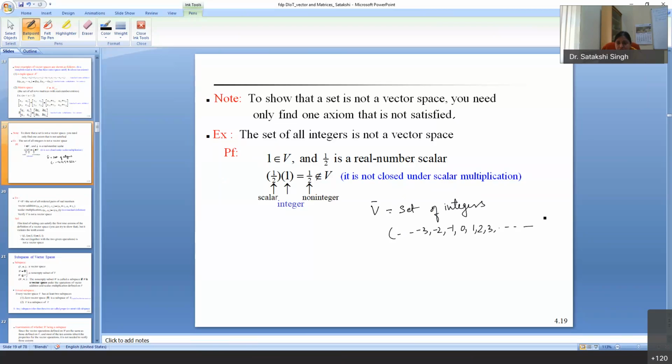So any integers will lie inside this set. Then we have to prove that this set of vectors, which is the set of integers, is not a vector space. To prove that, we will have to find out among the 10 axioms one or more of the axioms which are not satisfied by this set of vectors.